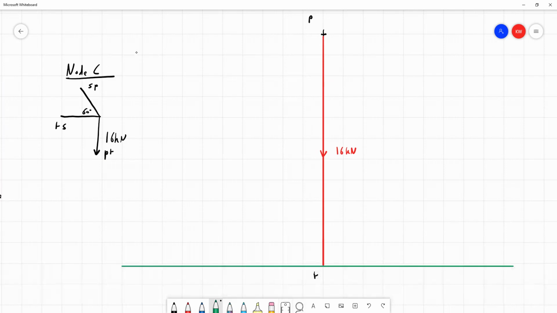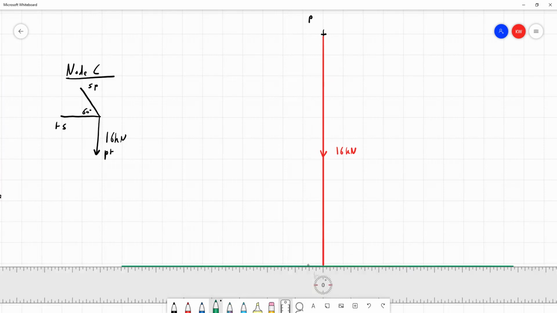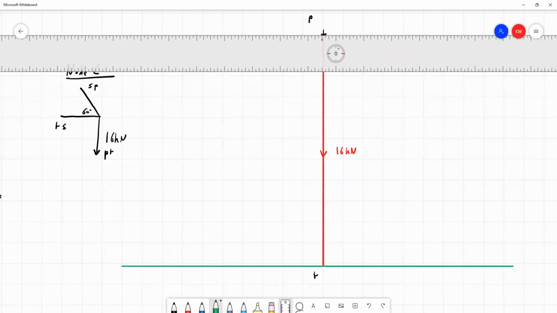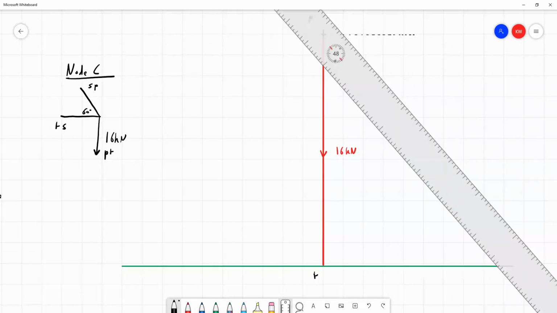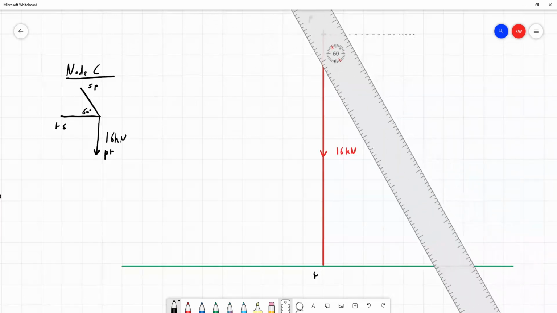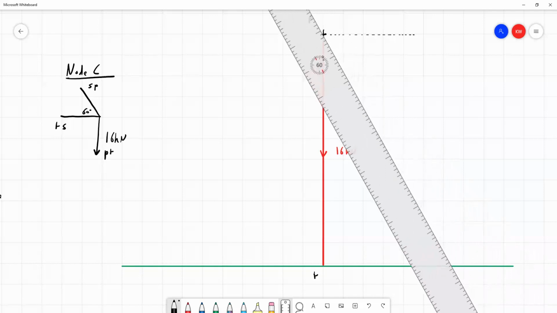So going back to point P, we know the vector SP needs to join up to point P, and we also know that it needs to come down at an angle of 60 degrees, because if it's going up to the left at an angle of 60 degrees, it means it's also going down to the right, measured from this horizontal line I've drawn in here at an angle of 60 degrees as well, using the alternate angle rule.